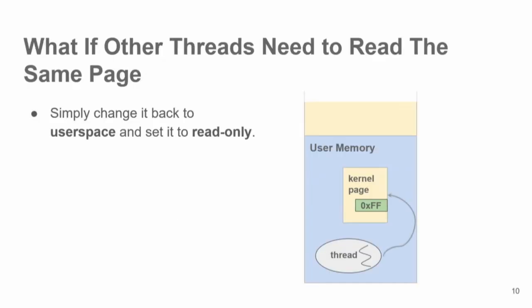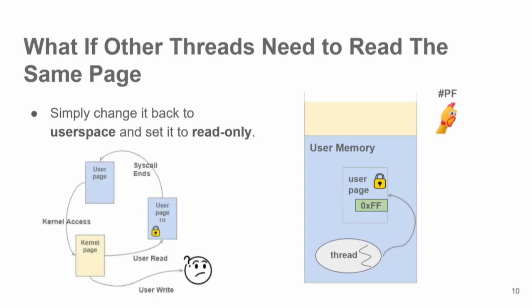So what if other threads really need to read the same page? What we do is really simple. We put this page back again, but with read-only permission. Because if a user thread accesses a kernel page this time, it will also trigger a page fault, and we handle that page fault and can do this.